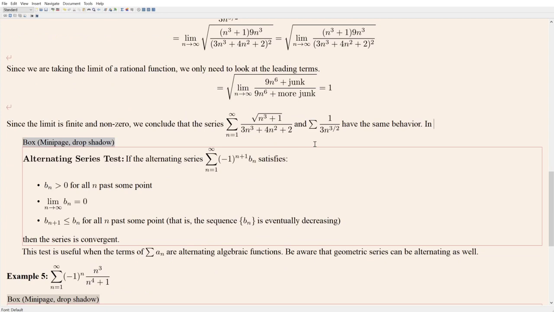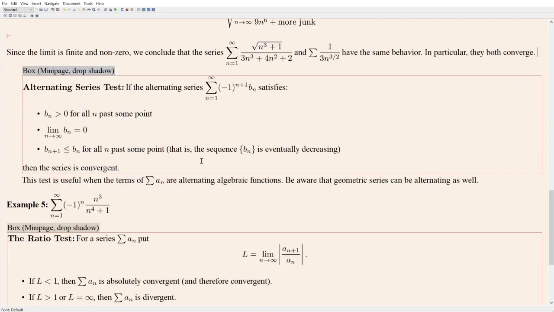In particular, because this guy is a convergent p-series, they both converge.